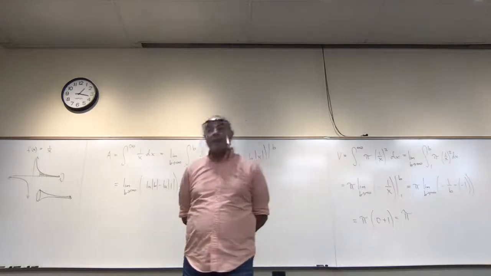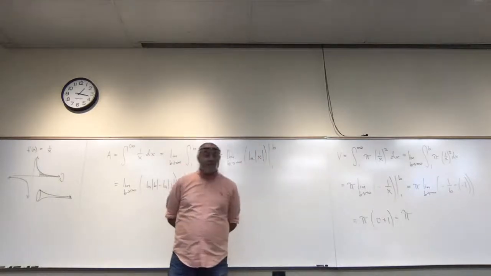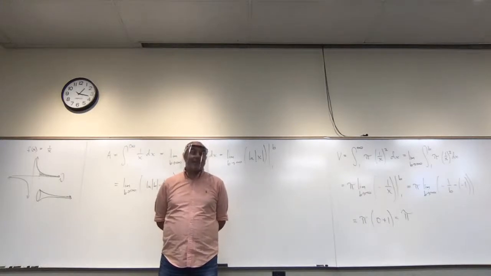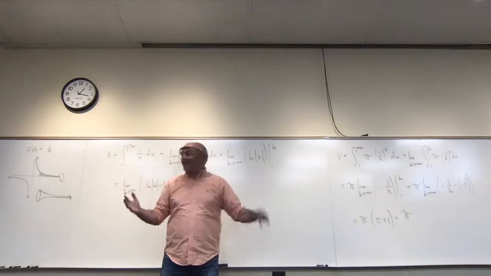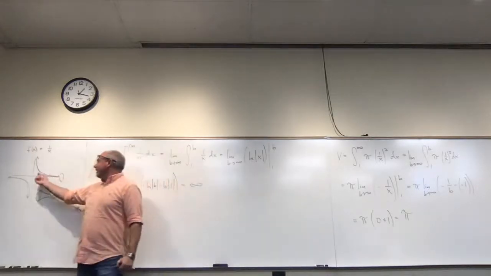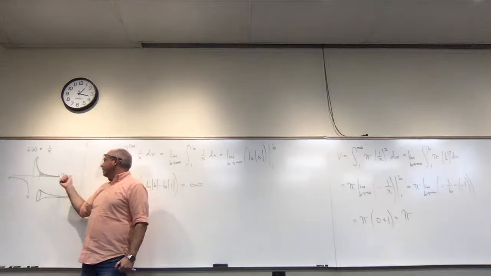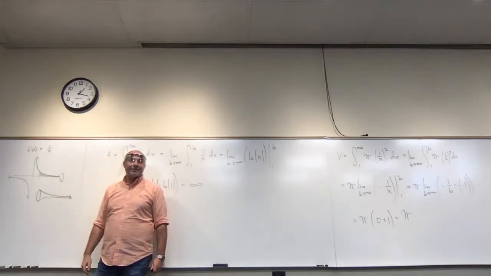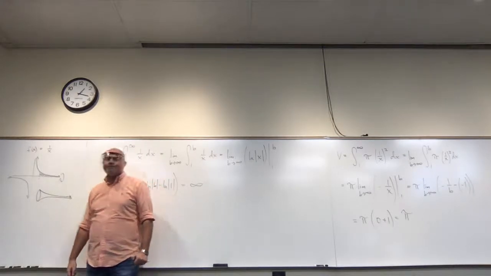Needless to say, for now, it's just weird. And it never goes away. Even if I did say more, it's still weird. Yeah, how could you have something that has infinite area, spin it, and it has a finite volume? It's pretty weird. So, kind of cool.